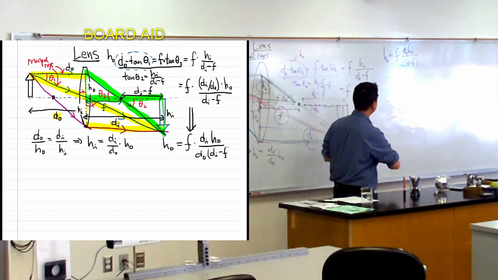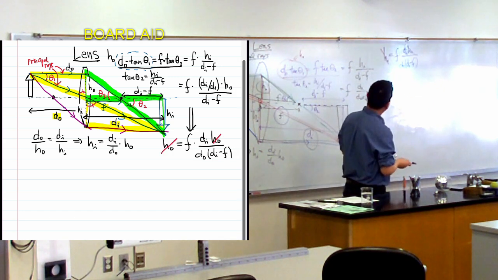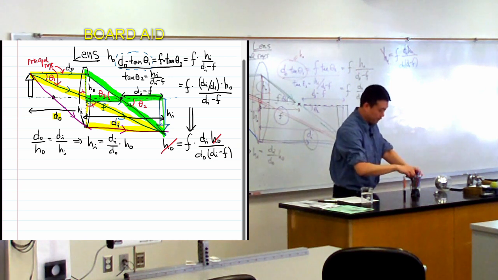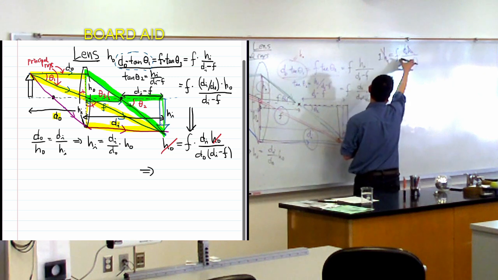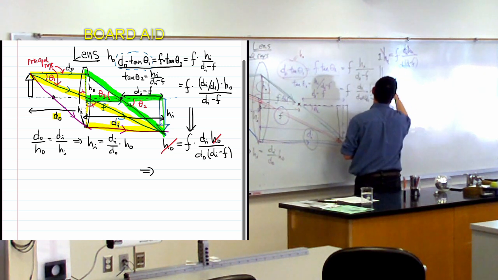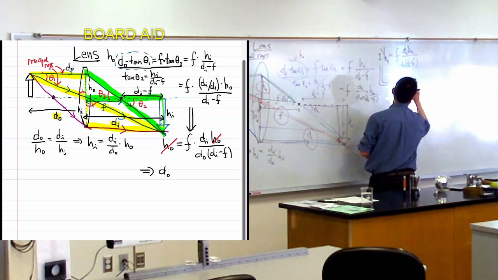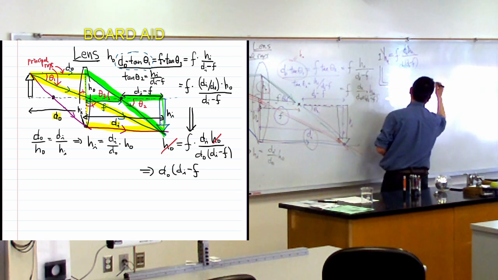I don't have to worry about it anymore. And wow, this is one complicated expression. So 1 is equal to that. If you hate fractions, you could rewrite it this way: DO times DI minus F is equal to F times DI.